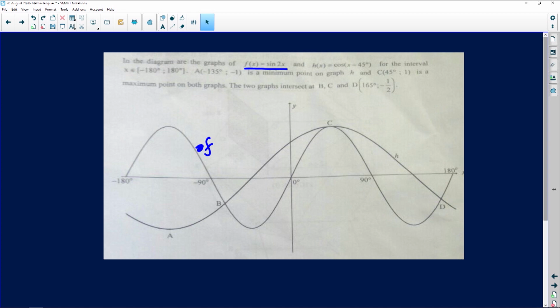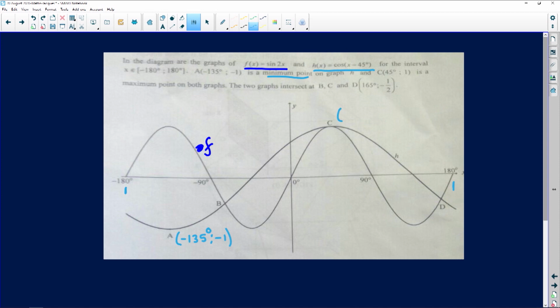Okay, and then h of x is the other graph, the one that lies over there, and they told us that that is a cosine curve. Then they say it's sketched for the interval minus 180 to 180, fine. A is the point minus 135 degrees and -1, and that is a minimum point on the graph.